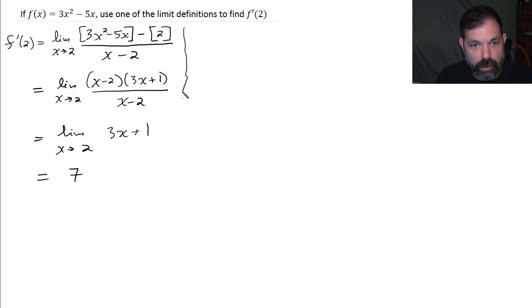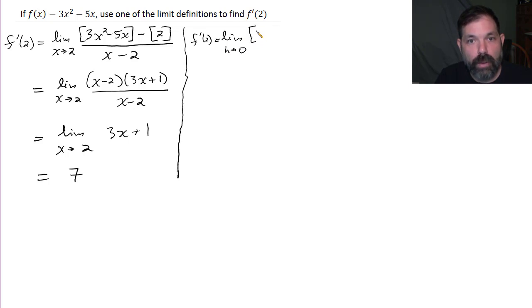Using the alternate definition, the other definition, we could say that f prime of 2 is equal to the limit with h approaching 0 of 3 times 2 plus h squared minus 5 times 2 plus h. So that's f of a plus h minus f of a.